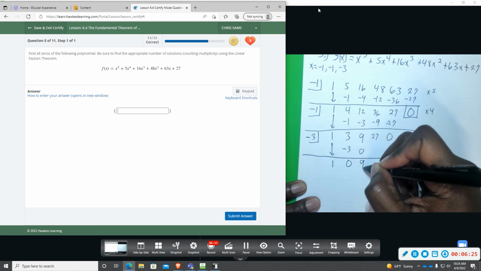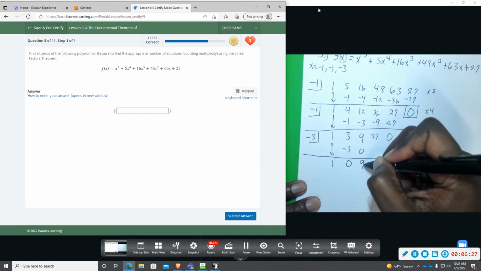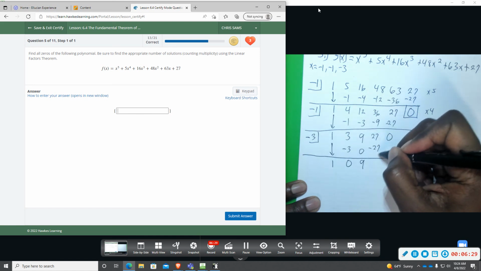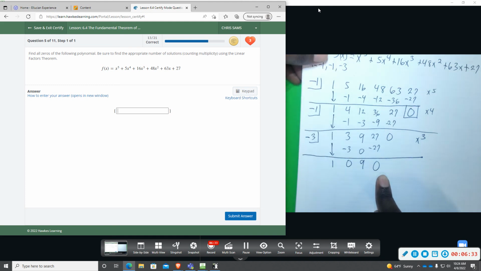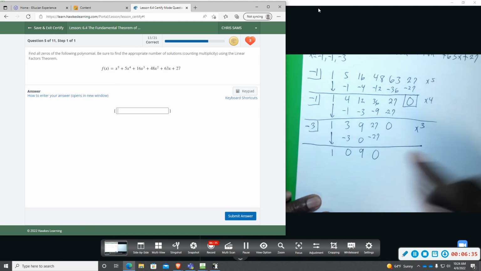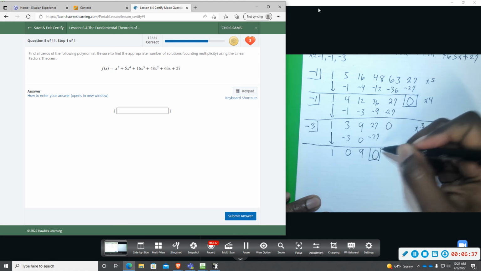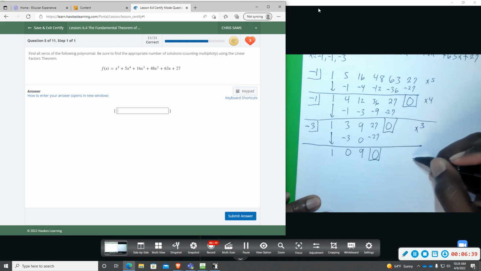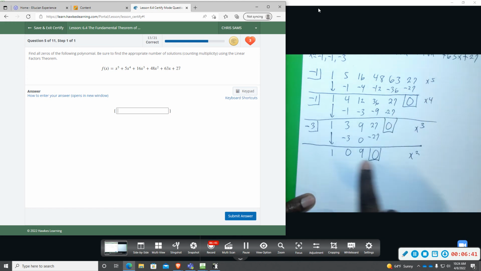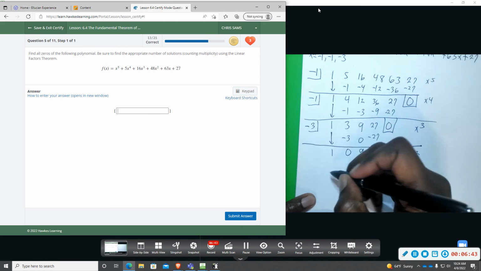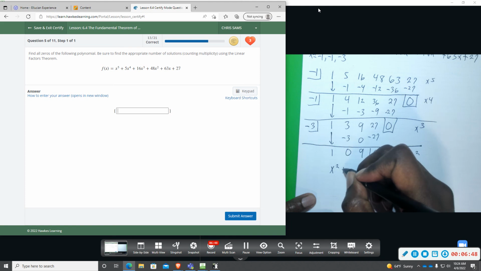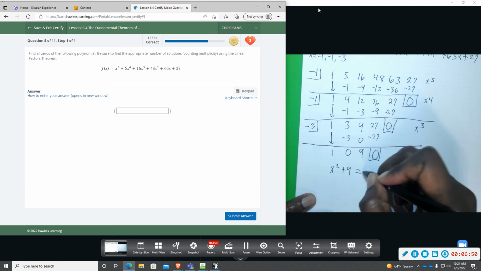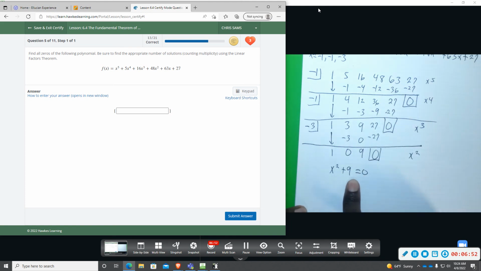Combine, we get a 9. And then -3 times 9 is a -27. Combine, and we get 0. All right. So at this point, we have gotten down to a part where we can solve. We got to 0, got to 0, and this is now x squared. So this resulting polynomial is now x squared plus 0x plus 9. And we're going to set that equal to 0 and solve.